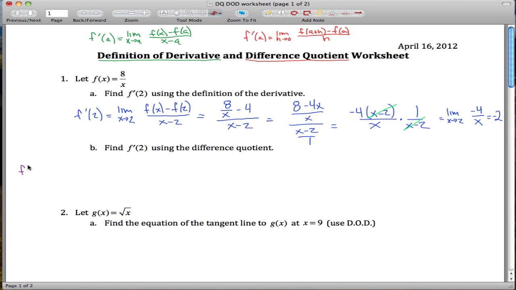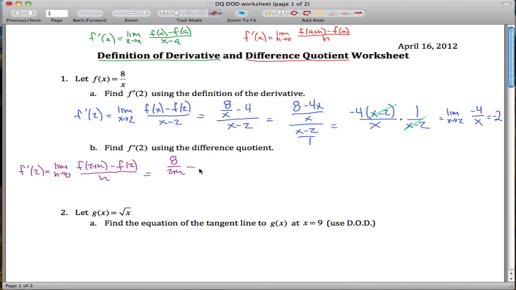So, all right, f prime of 2 is equal to the limit as h approaches 0 of f of 2 plus h minus f of 2 divided by h. So f of 2 plus h, here's f of x, so f of 2 plus h is 8 over 2 plus h.